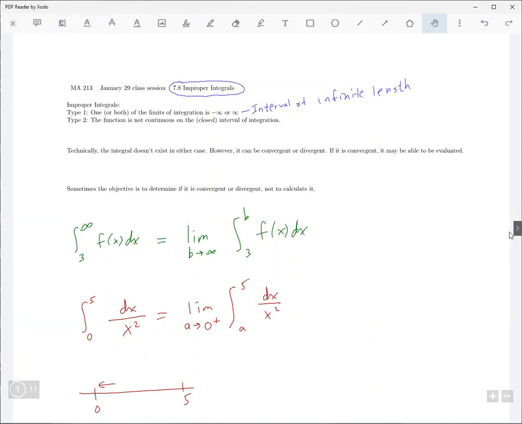You could also have a point of discontinuity at an interior point. Let me put a quick example of that.